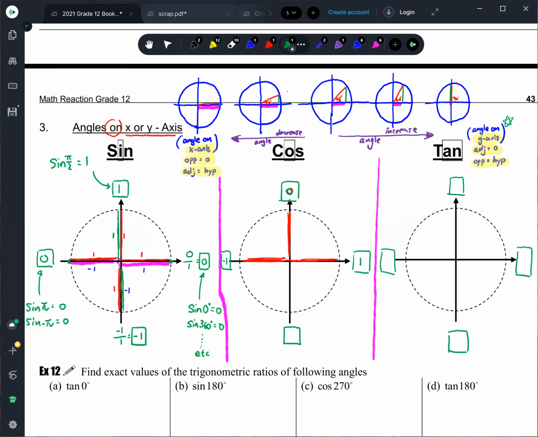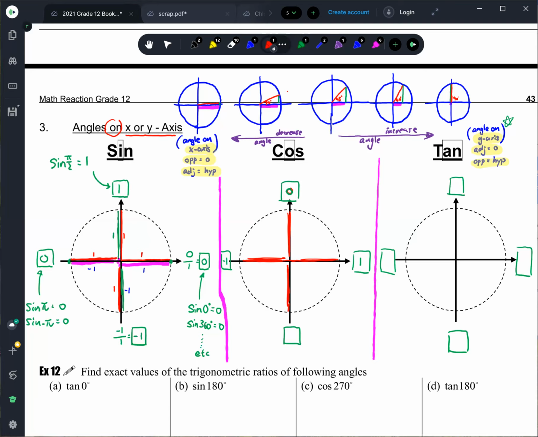Okay, and then the final place, 270 degree, right? So it turns to the bottom. So it's on the y-axis now, right? On the y-axis, then adjacent is gone, right? Adjacent is 0.